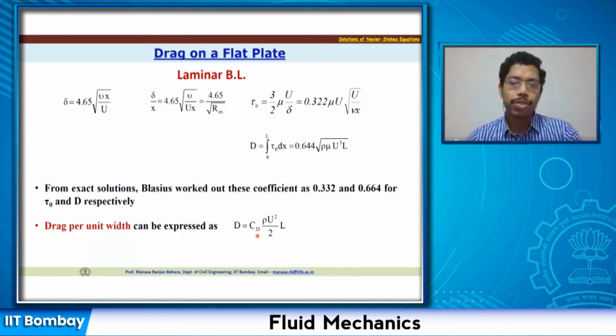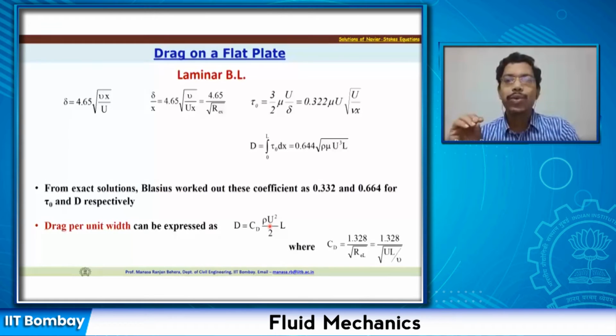Okay, so with this expression we can now find out the value of C_D. We have a D here and we have a D here. By equating these two, we can find out what the value of C_D is. The value of C_D is going to be 1.328 divided by square root Re_L. Why L?